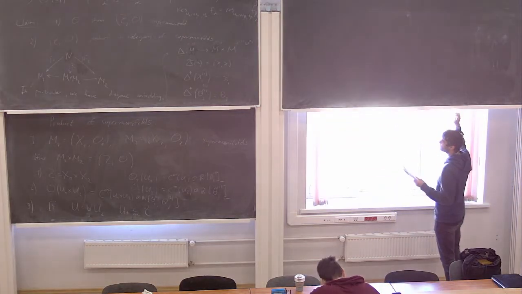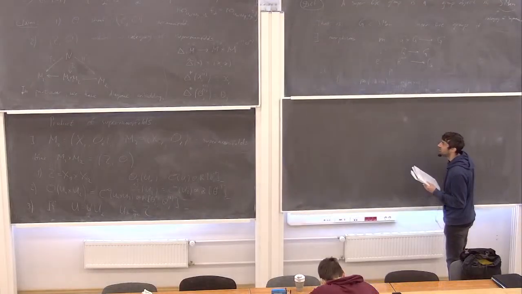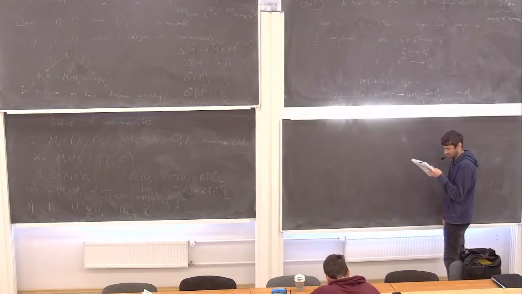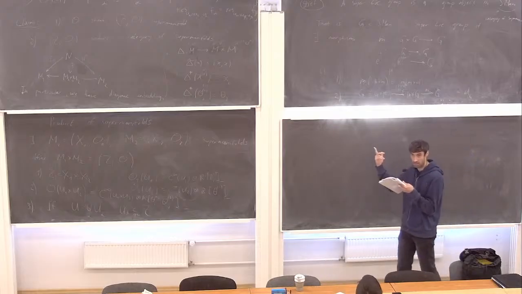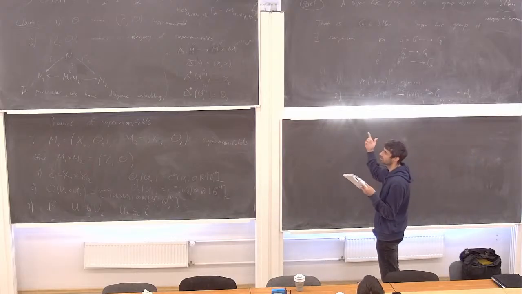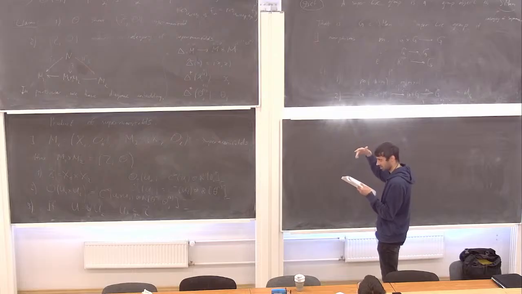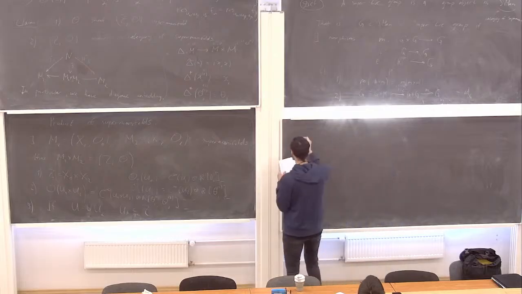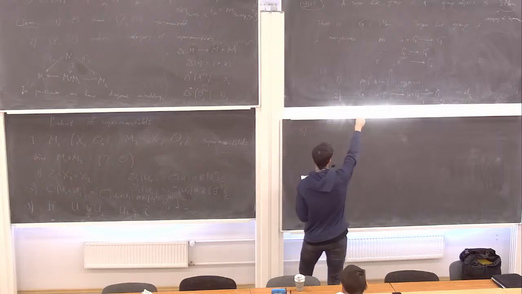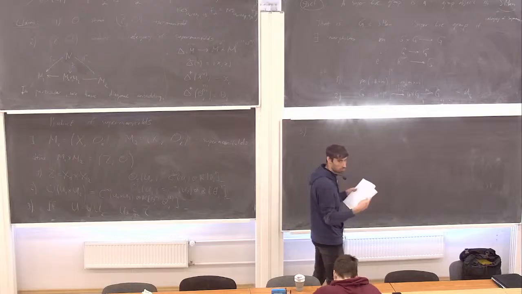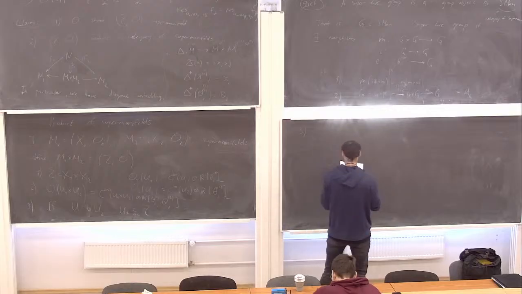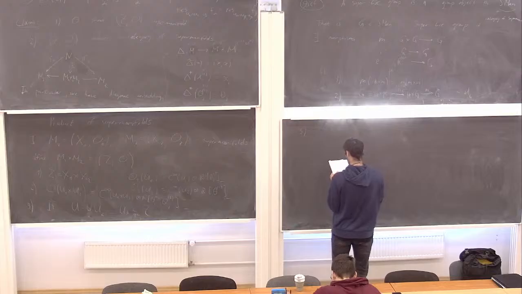Number 3 is about the inverse, right? If I multiply by identity, I do nothing. And number 3 says that if I first apply inverse and then multiply, I get identity, right? So how does it look in our setting?